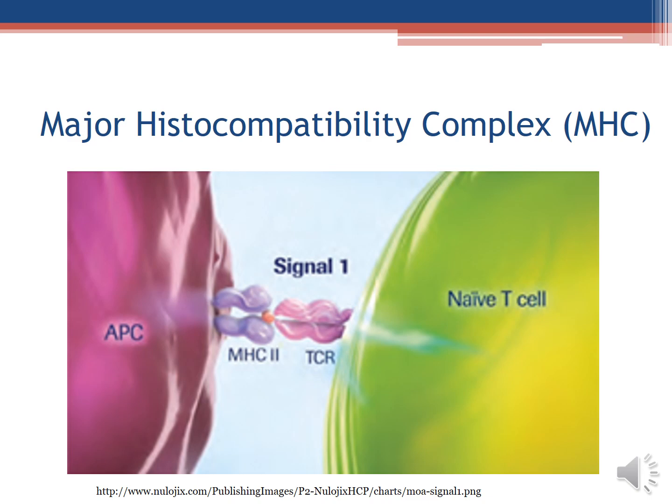So this picture basically shows what the MHC does in a nutshell. We have our APCs, or antigen presenting cells, and they present antigens to our naive T cells.